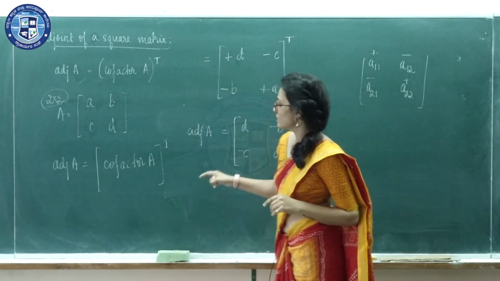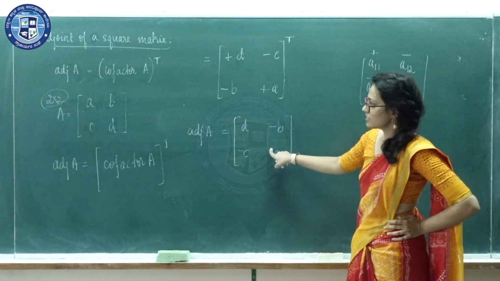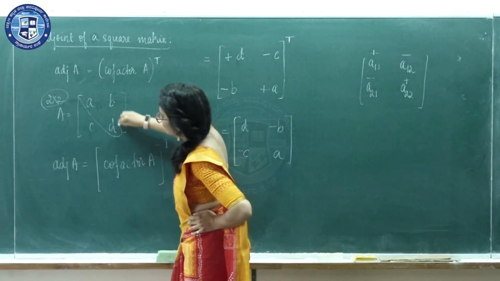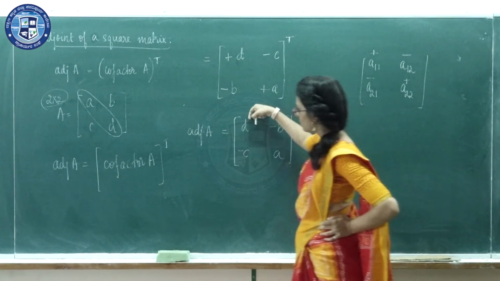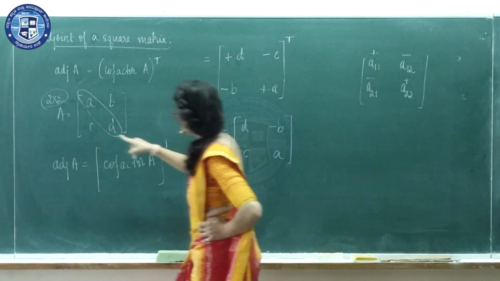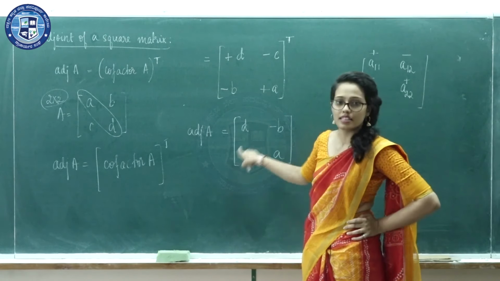Now let's compare the matrix A with the matrix adjoint A. What has happened here? Check this. A and D have interchanged their places, okay? And B and C are in their own places with a negative sign.